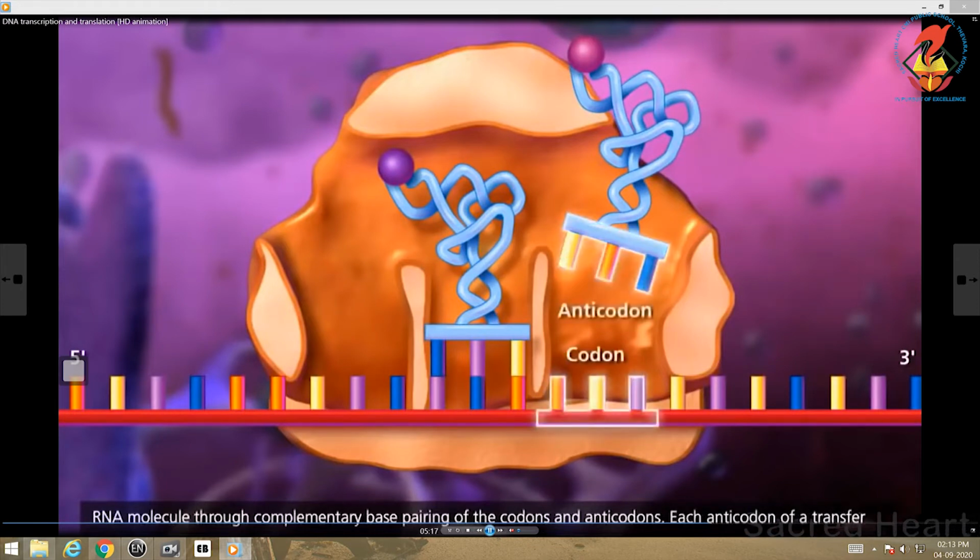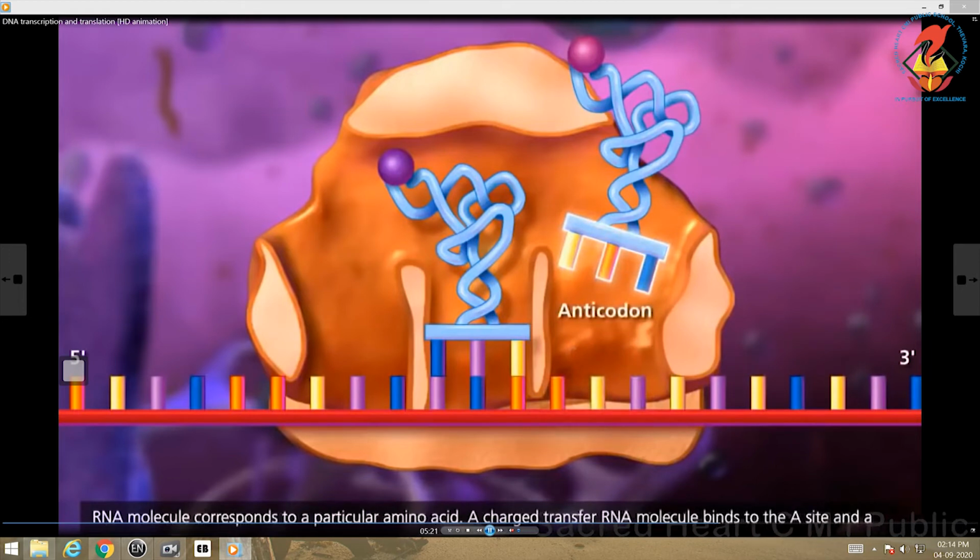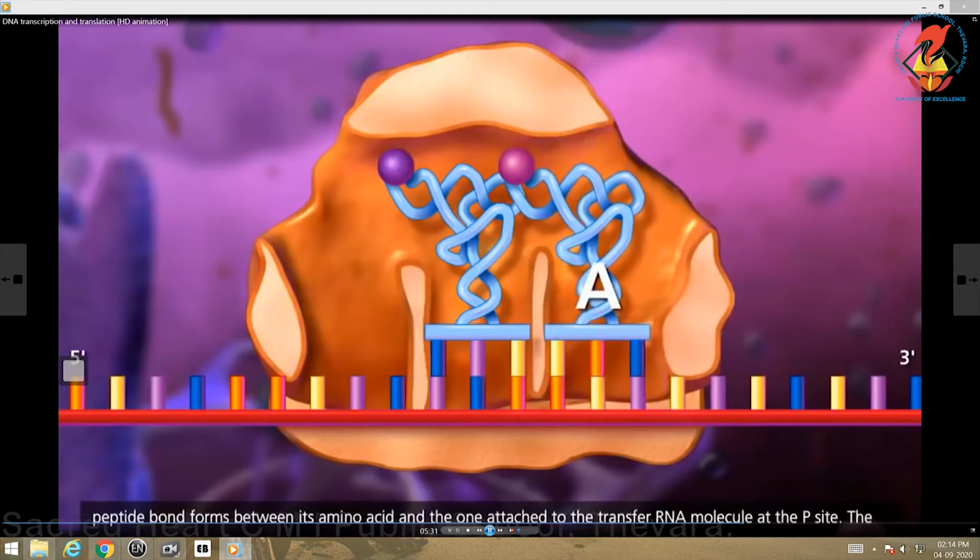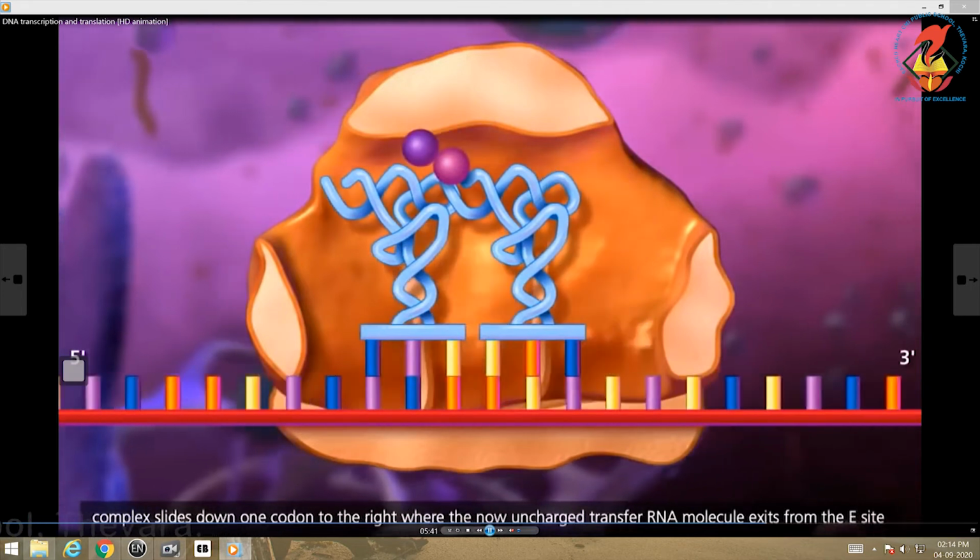Now this new tRNA has an anticodon which is complementary to the codon, and this tRNA binds with an amino acid. And this binding of the tRNA with the amino acid is called charging of the tRNA or aminoacylation. It comes at site A. Meanwhile, what happens is there is a peptide bond formed at the P site between the two adjacent amino acids.